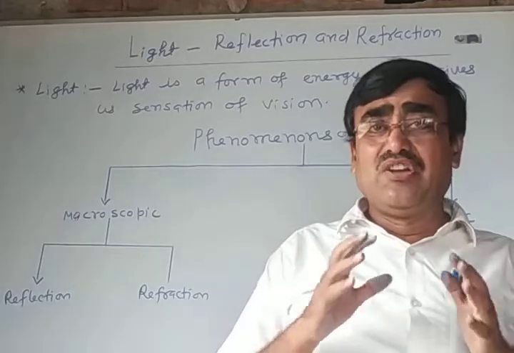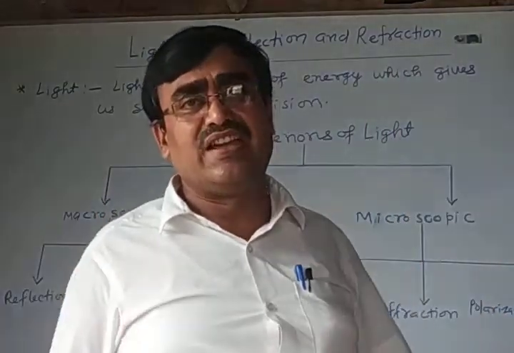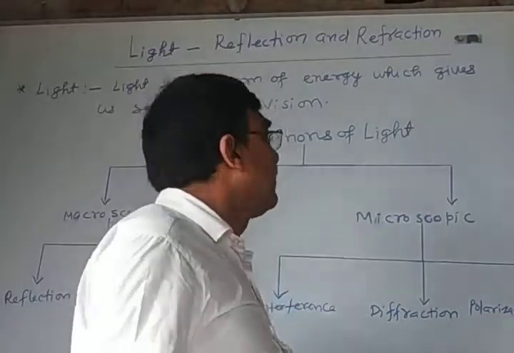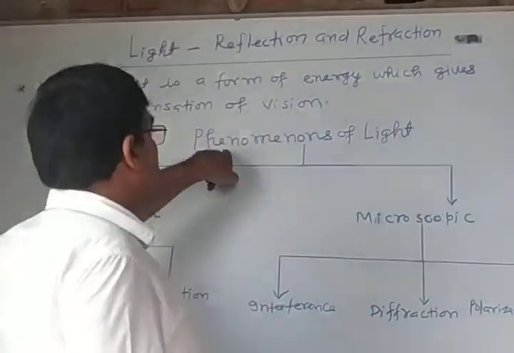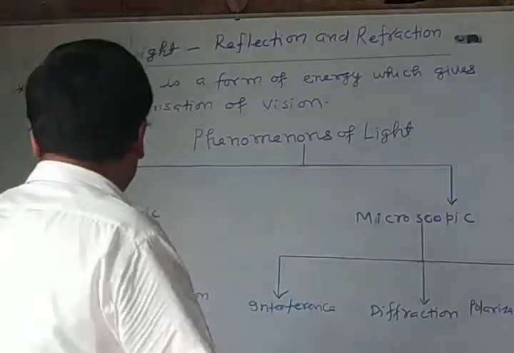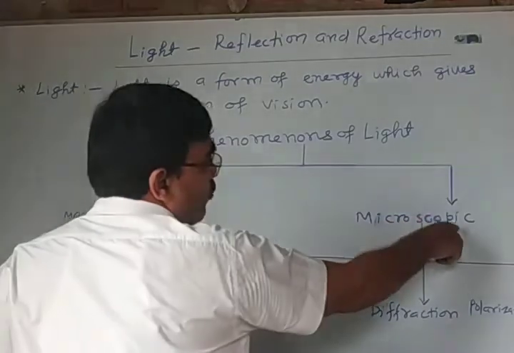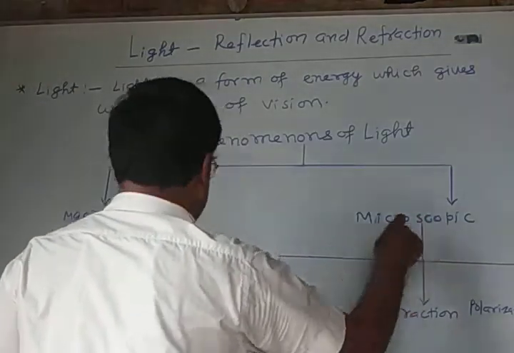When we classify the phenomena of light, we find two types: macroscopic phenomena of light and microscopic phenomena of light.